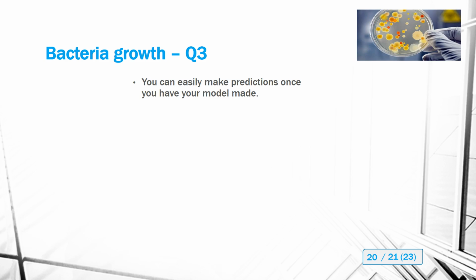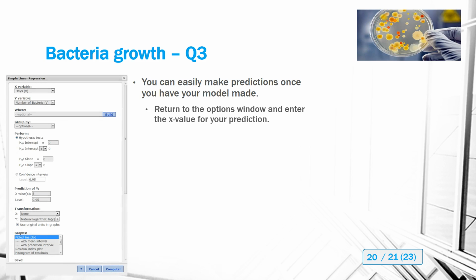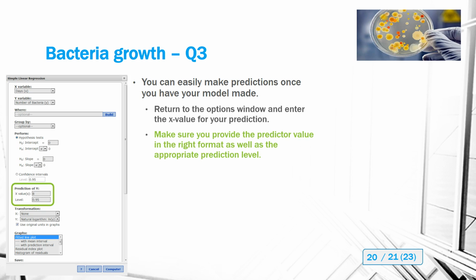Once we have our model made, then we can easily make predictions. Okay, go back to the options window, and there in the prediction area, go ahead and put in your predictor variable and the appropriate confidence level. Now, keep in mind that you've got to put in the predictor value with the same format as the X values used to make the model.